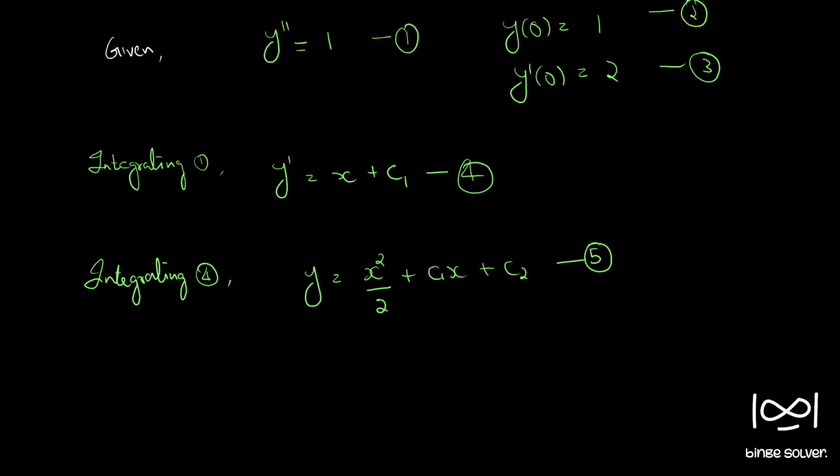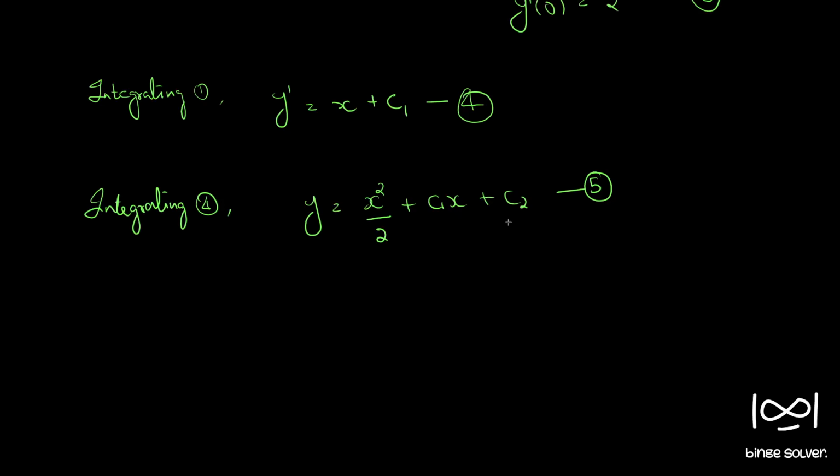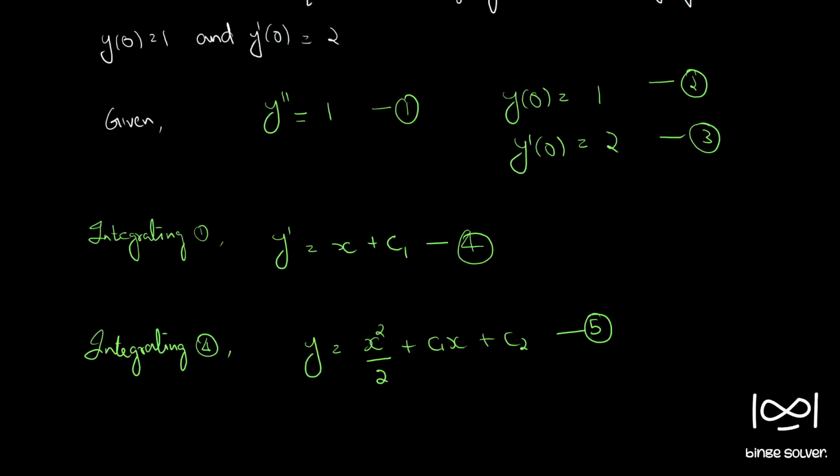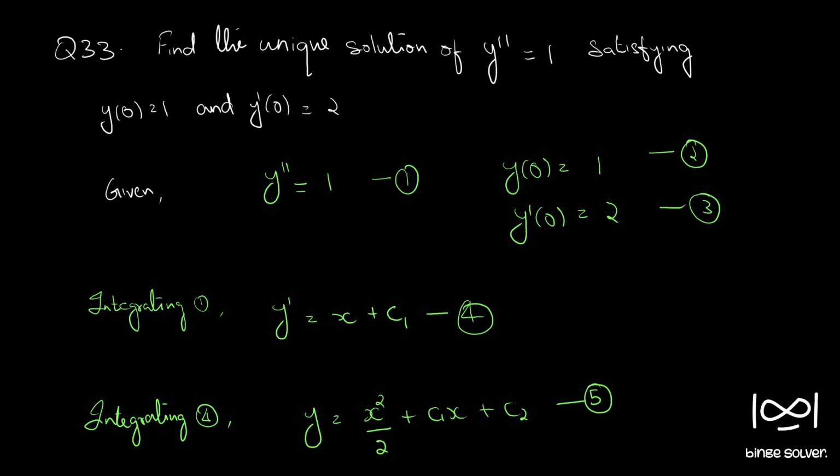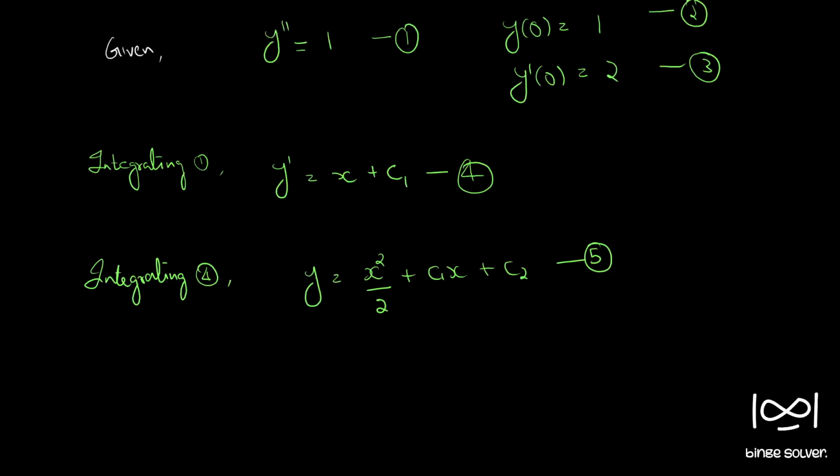So we got our y by integrating the differential equation twice. Now, since the solution satisfies these initial values, we can use them to eliminate these arbitrary constants.